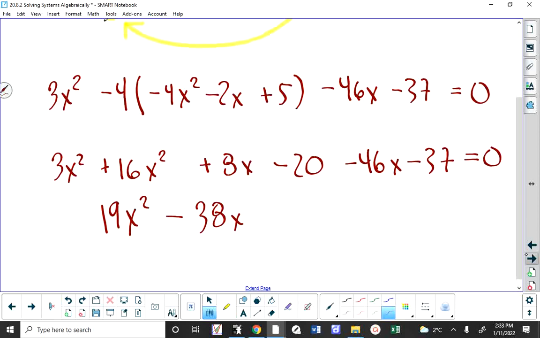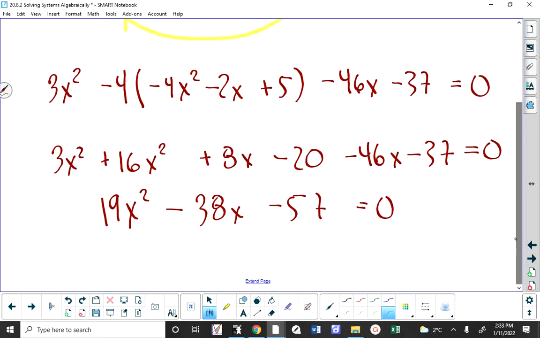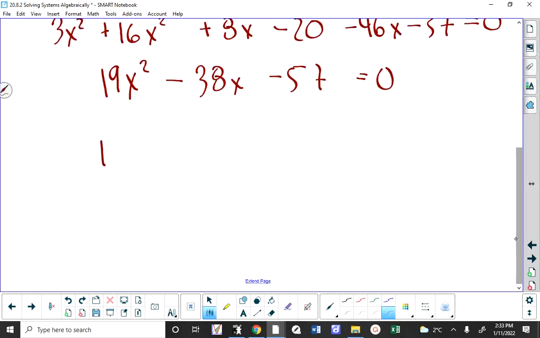It is negative 57. I believe, but you better help me out here, that 57 is divisible by 19 3 times. This makes my life a lot easier because then I can factor out that greatest common factor and not have to deal with big numbers. Oh yeah, for sure.